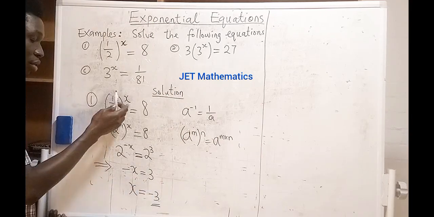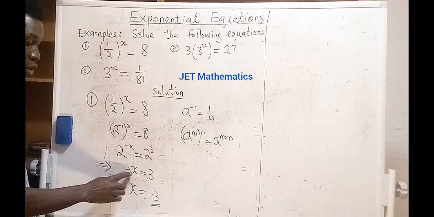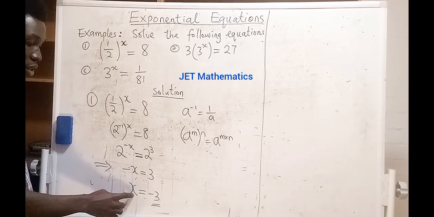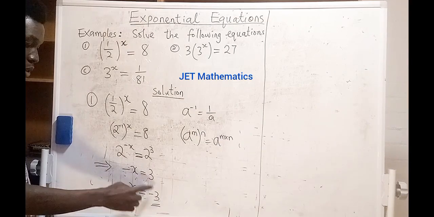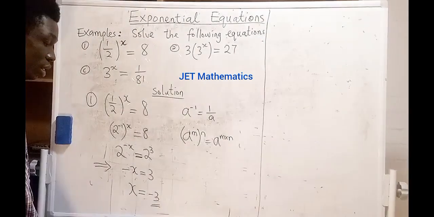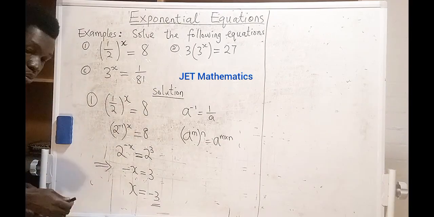So that's the value of x. Very simple to solve. Minus 1 times minus x gives us x, and minus 1 times 3 gives us minus 3.